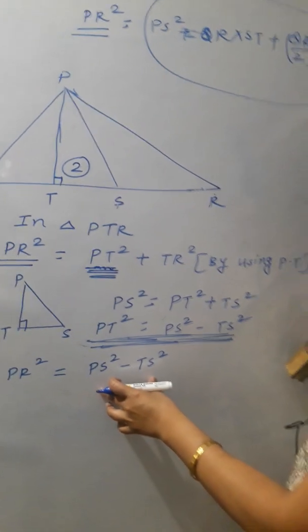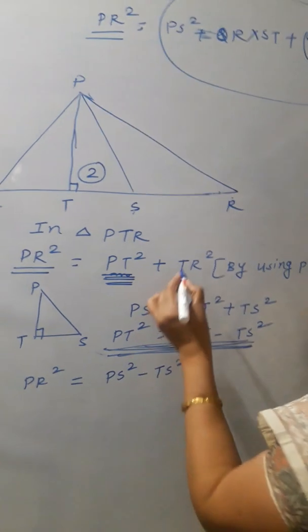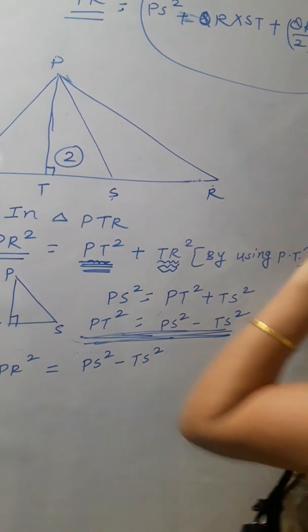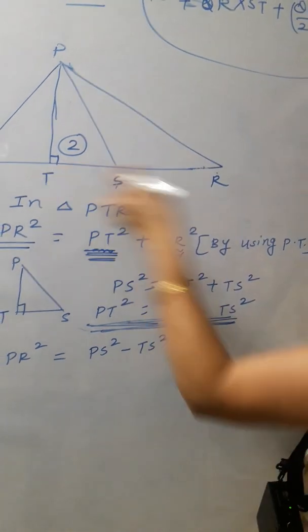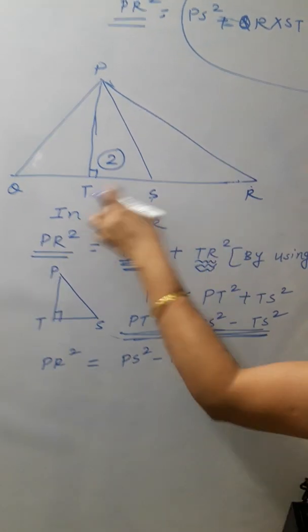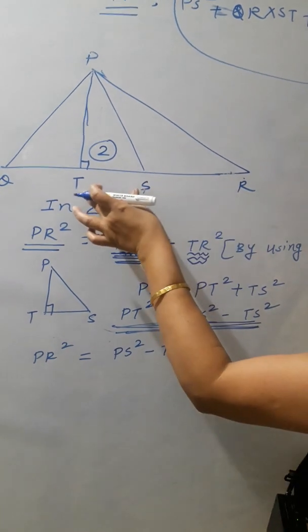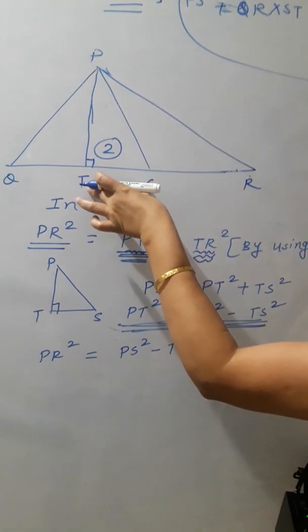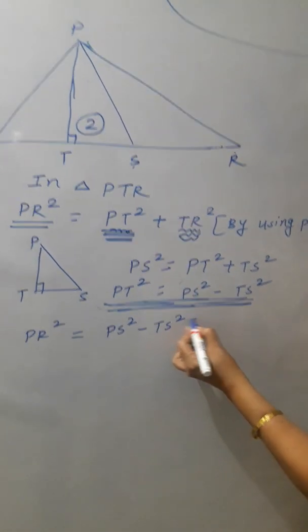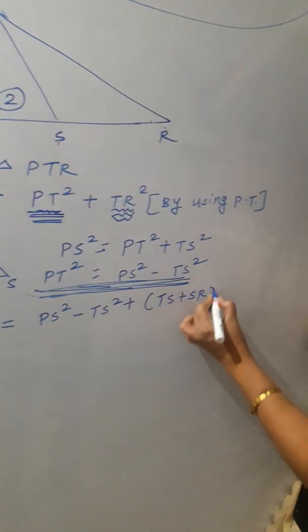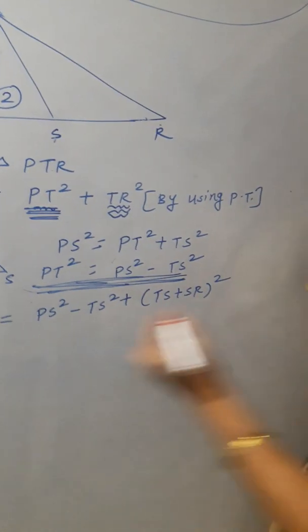I have written the value of the PT square. Now, what is here? Here is the TR square. What is TR? See the figure. The length of the segment TR will be addition of lengths of segment TS and SR. So, instead of TR, I will write down here TS plus SR whole square.